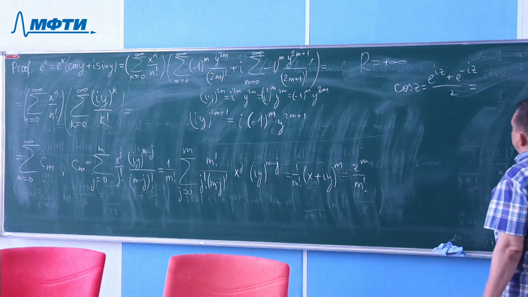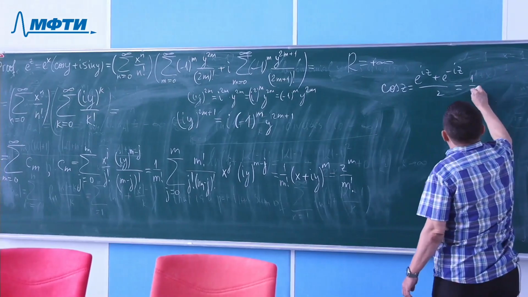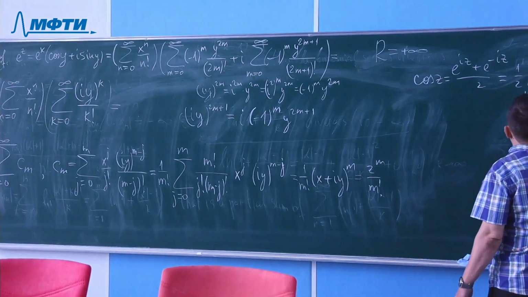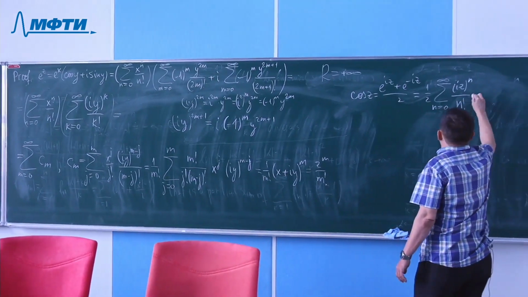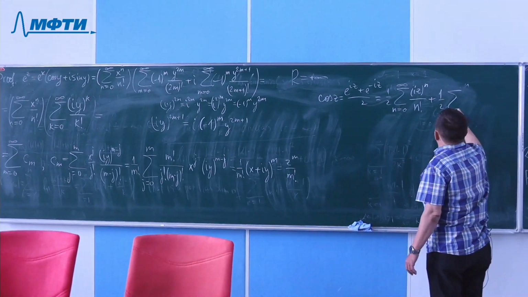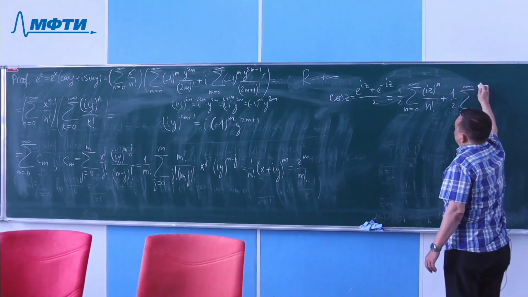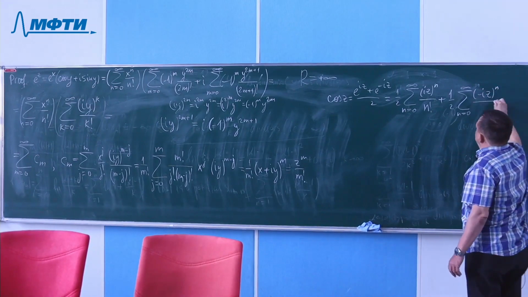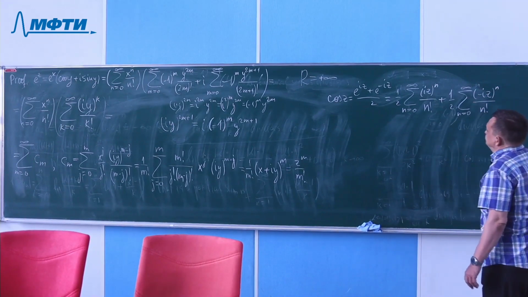So we substitute 1/2 of the sum of iz to the power n over n factorial plus 1/2 sum of minus iz to the power n over n factorial.